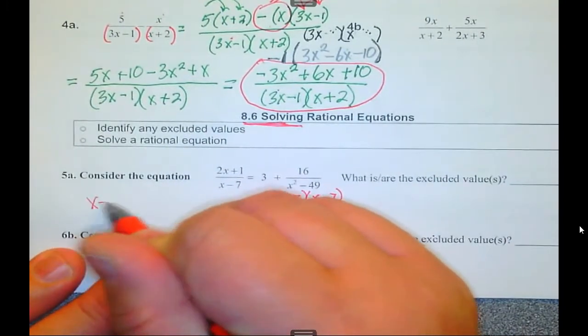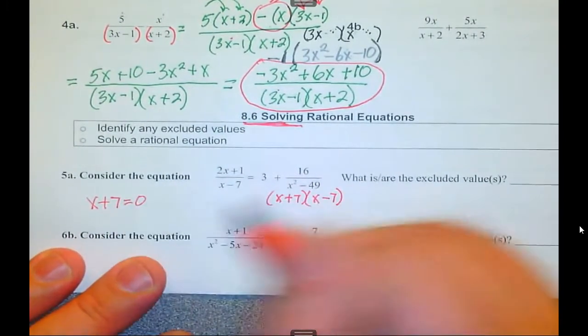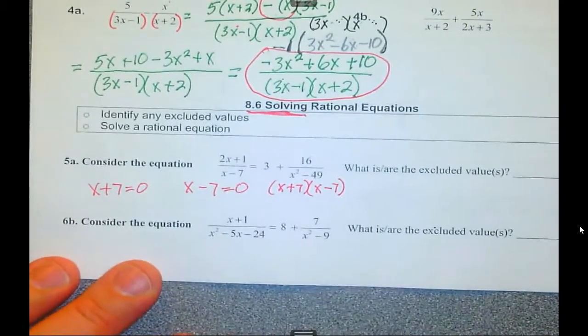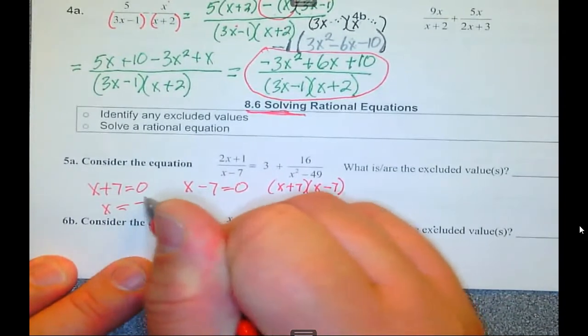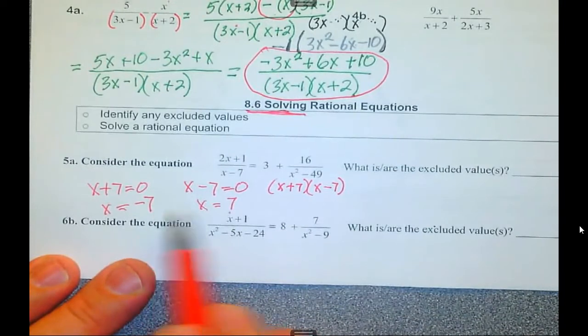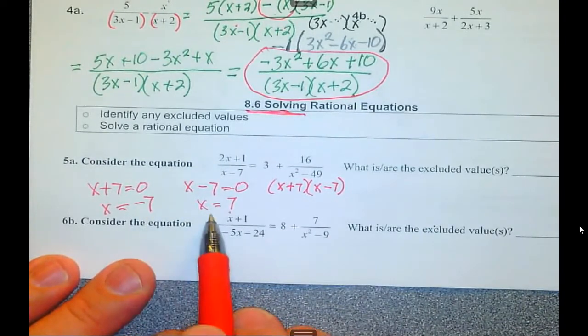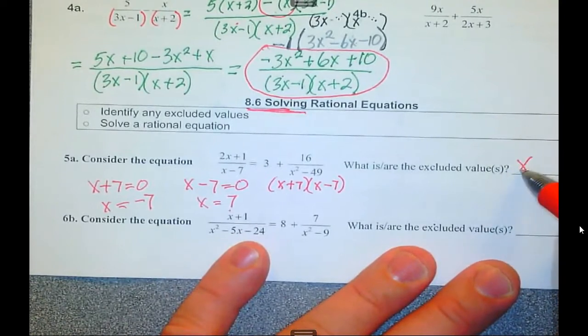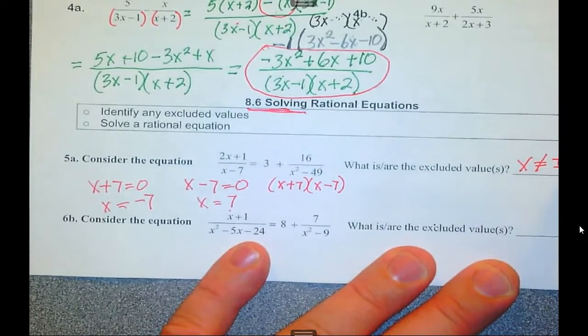I have x plus 7 equals 0, and x minus 7 equals 0. Here, x equals negative 7. Here, x equals positive 7. These numbers will make my denominator 0, so I have to exclude them. X cannot equal plus or minus 7.